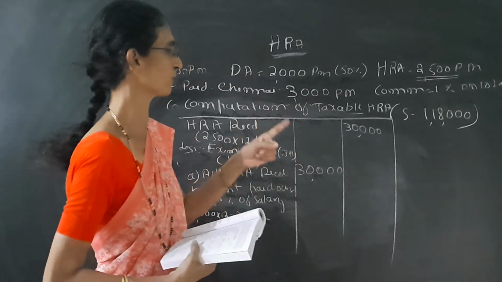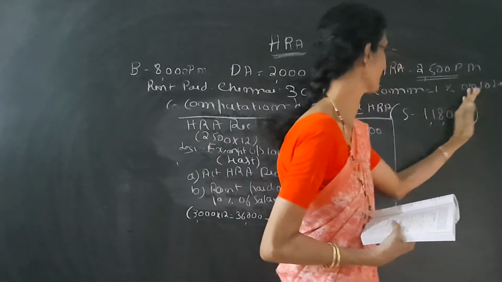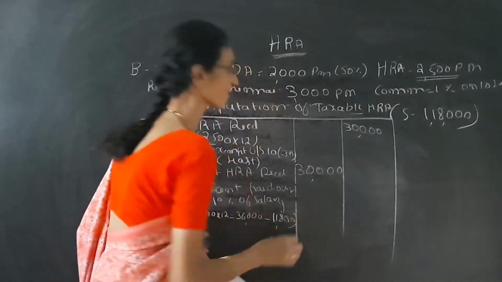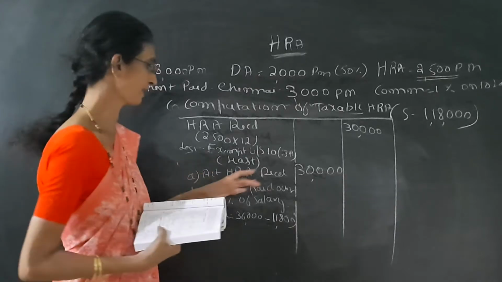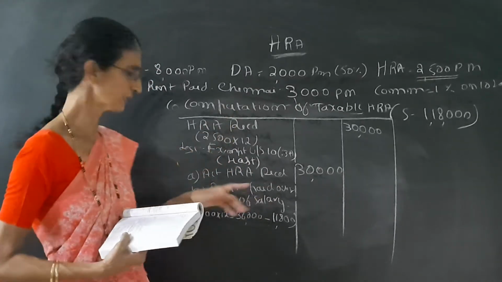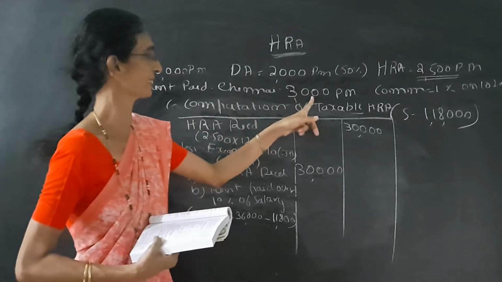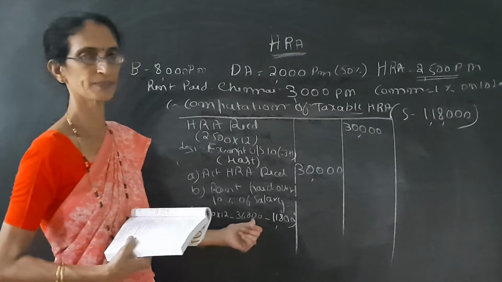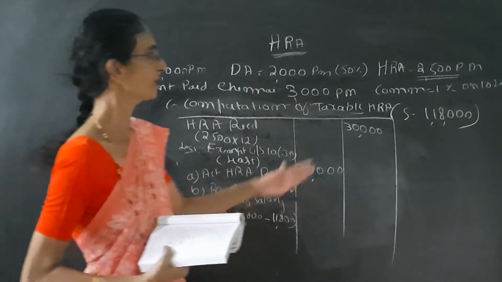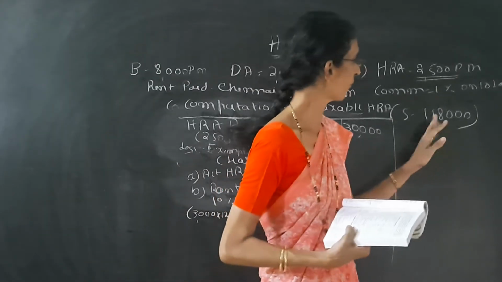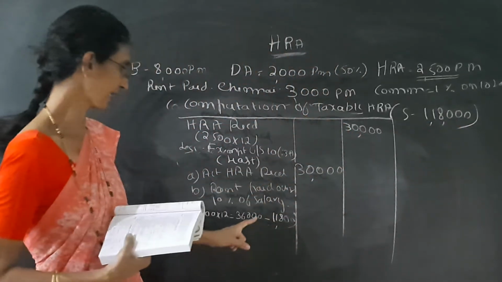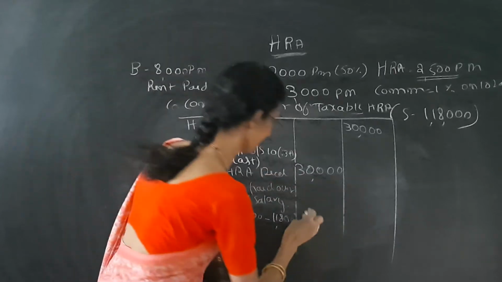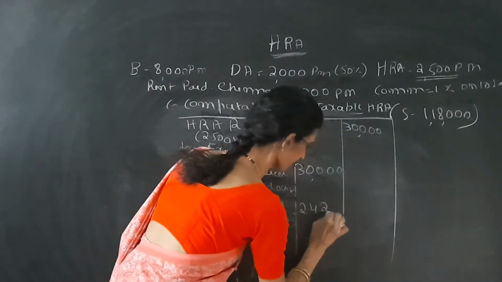To make it 10%, remove one 0, we get 10% of the salary is 11,800. So 36,000 minus 11,800 gives 24,200.